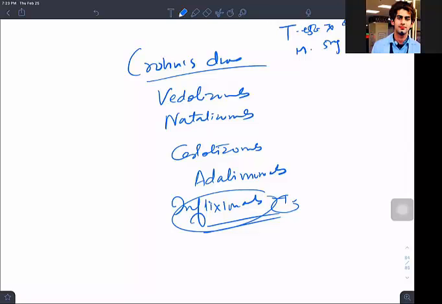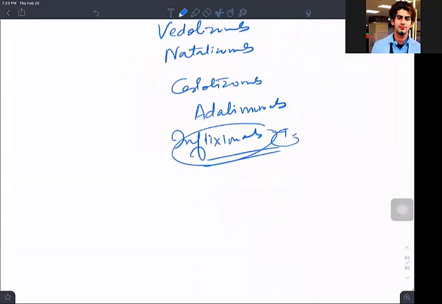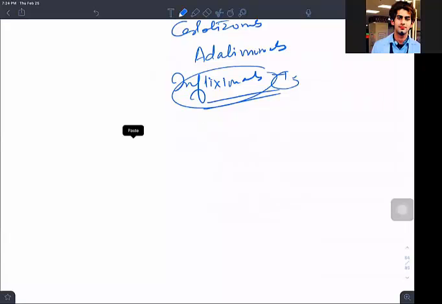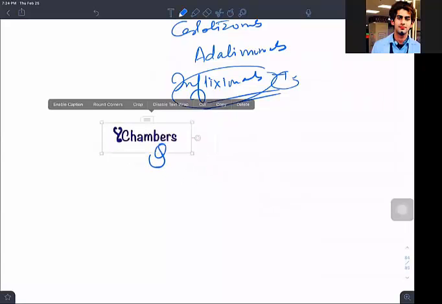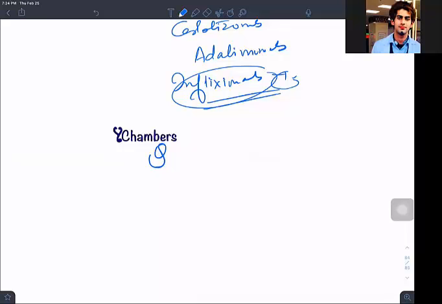Can you tell me some prokinetics and their receptors? Which prokinetics do we have? You should not open your book, but you should use your brain. Use your hippocampus.